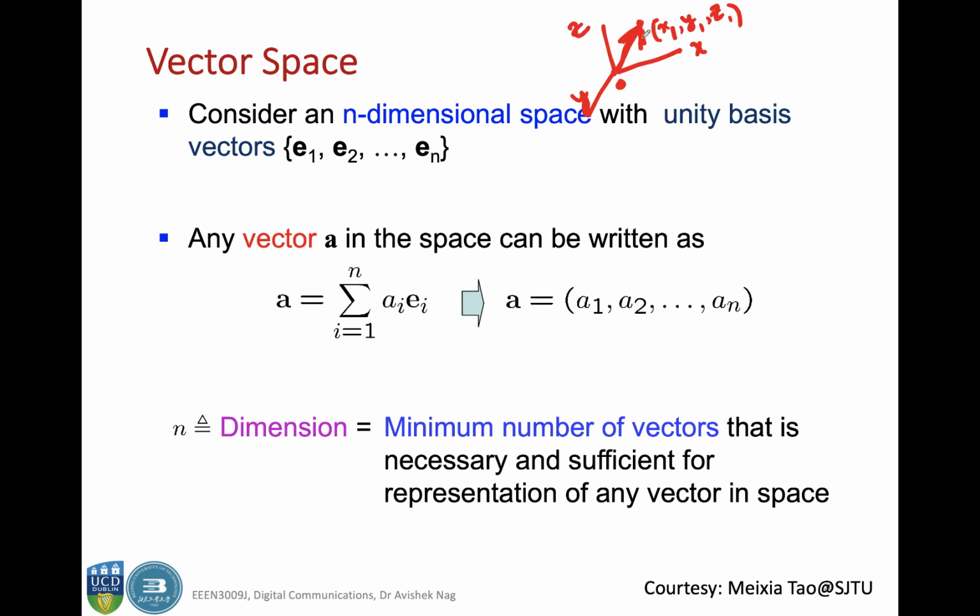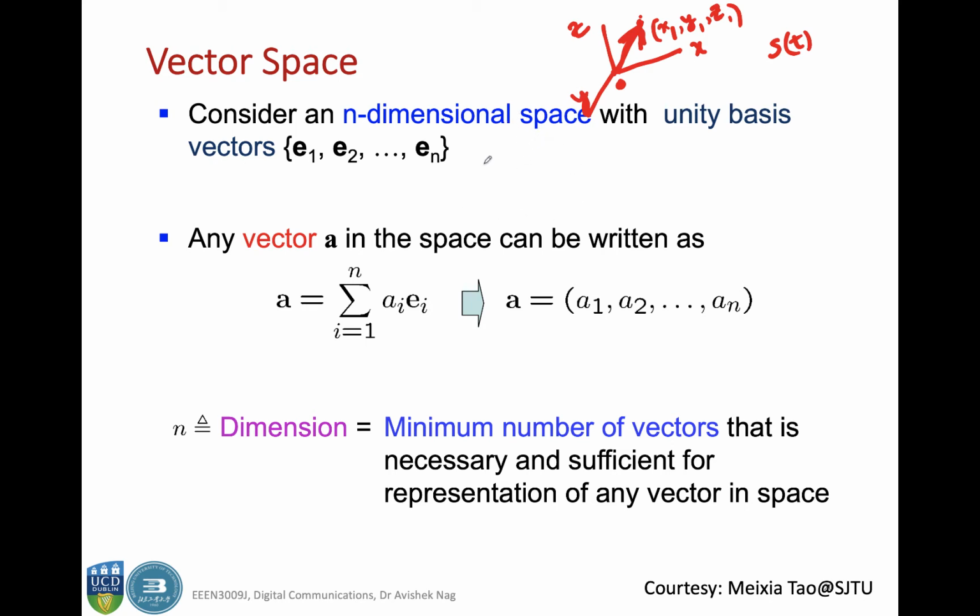So basically, our ultimate aim is to represent a signal which is a time domain signal, let's say s(t), as a dot in the signal space, or equivalently a vector in the signal space. So therefore, let us first go through the concepts of vector space.